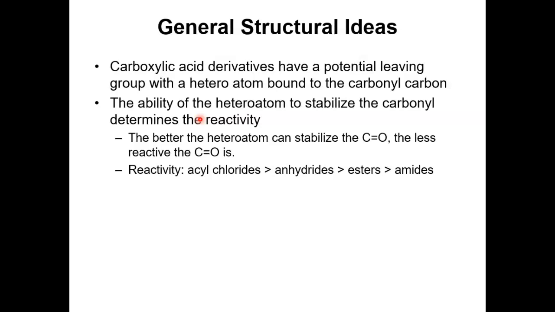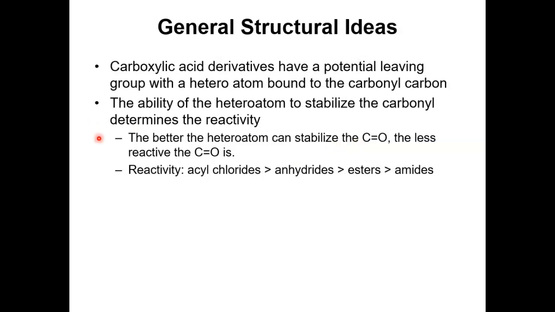So overall, the better the heteroatom can stabilize the carbonyl, the more stable the carbonyl is, then the less reactive the carbonyl is. That's the way of thinking about this problem logically. First, the better the heteroatom can stabilize the carbonyl, then the immediate outcome, the carbonyl is more stable.